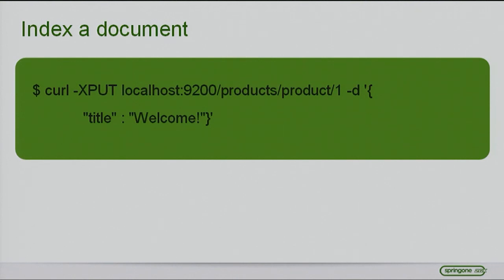If you think in NoSQL, that would be similar. You have a series of collections, that would be products, and then a collection, which is again the equivalent of a table, that would be product. In Elasticsearch terminology, that's the index, and then you have the types. So here we put the type product under the index products. We also specify the ID, but that's not necessary. If you don't specify one, the data is just merged.